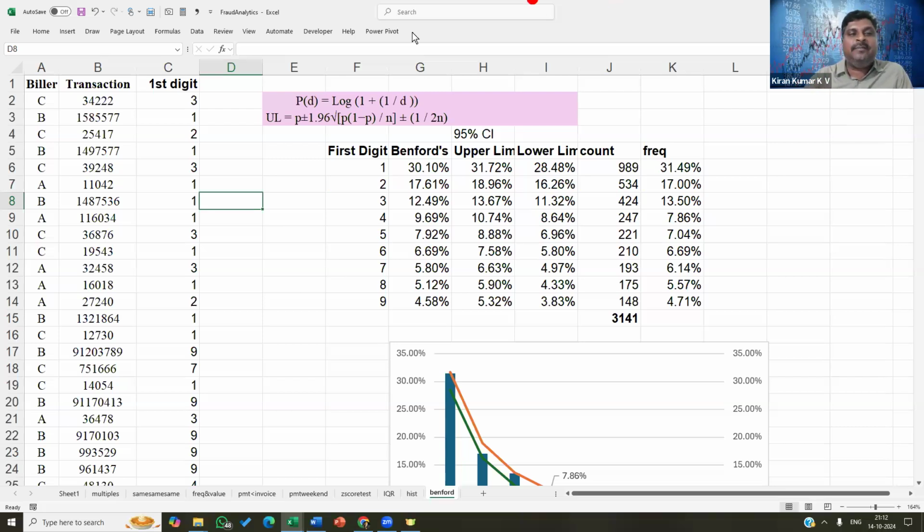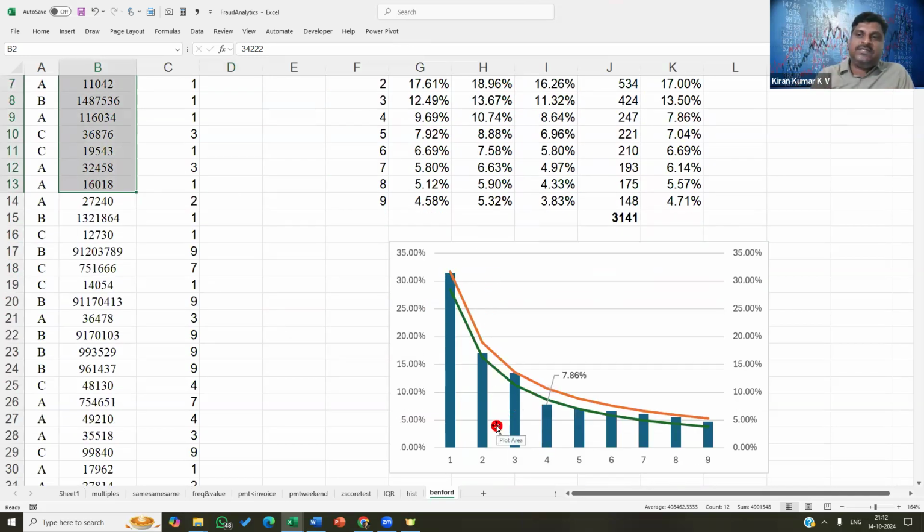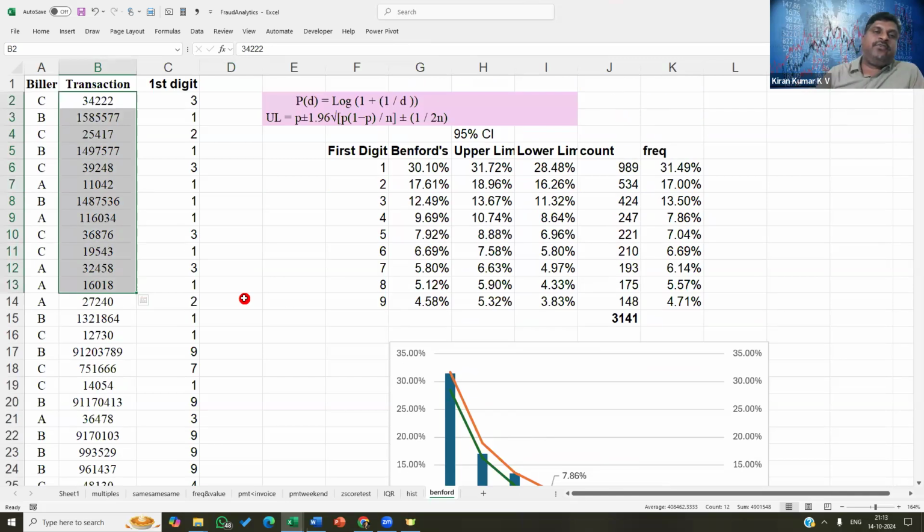These numbers have not been made up. This is actual data taken from some data source, and it was not prepared for Benford's, but you can still see the pattern. Most of the observations will have the first digit being 1, almost 30% of the data. Wherever we see an anomaly like this, it is a potential fraud for us.